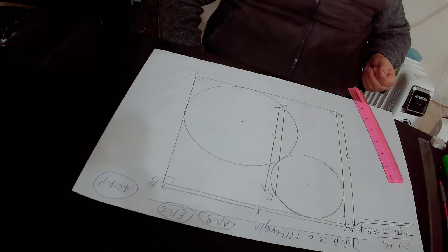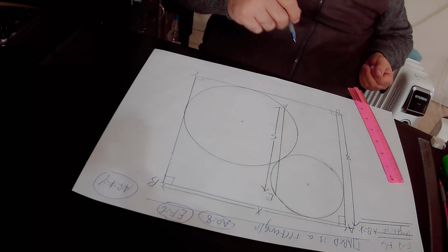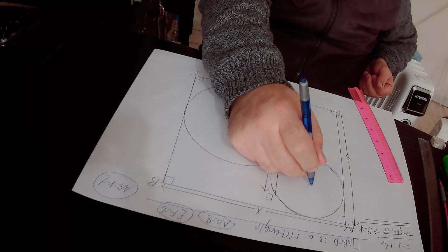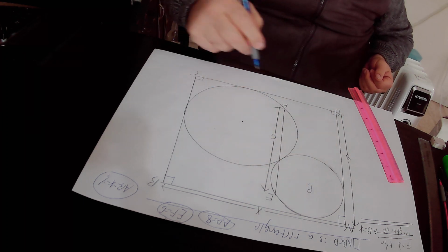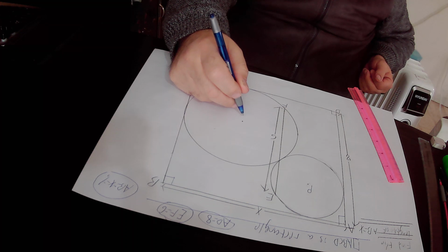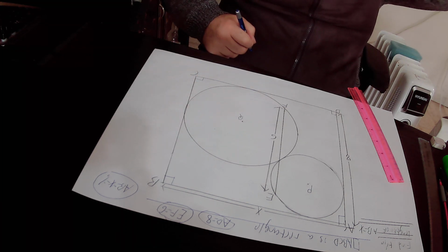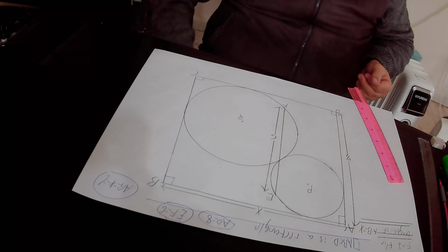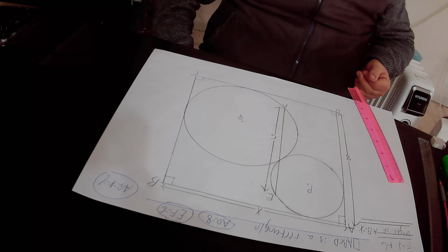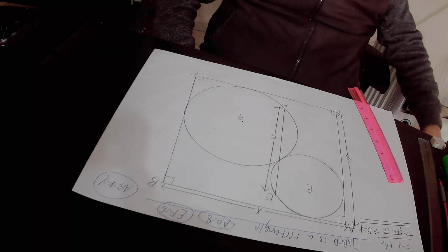In the next step, we will define the center of this small circle as P. We will define the center of this big circle as Q. And I will present to you a new rule, and we will implement the new rule in our drawing.